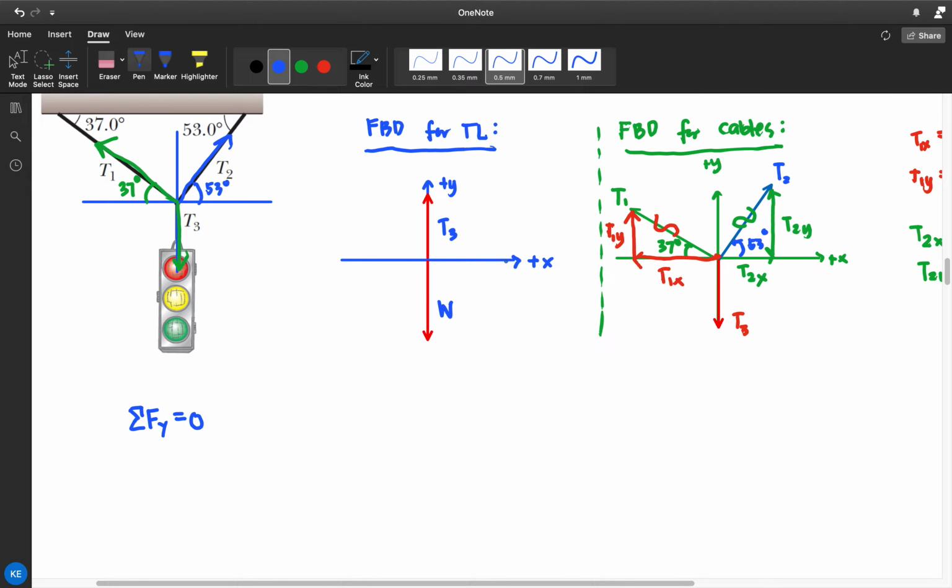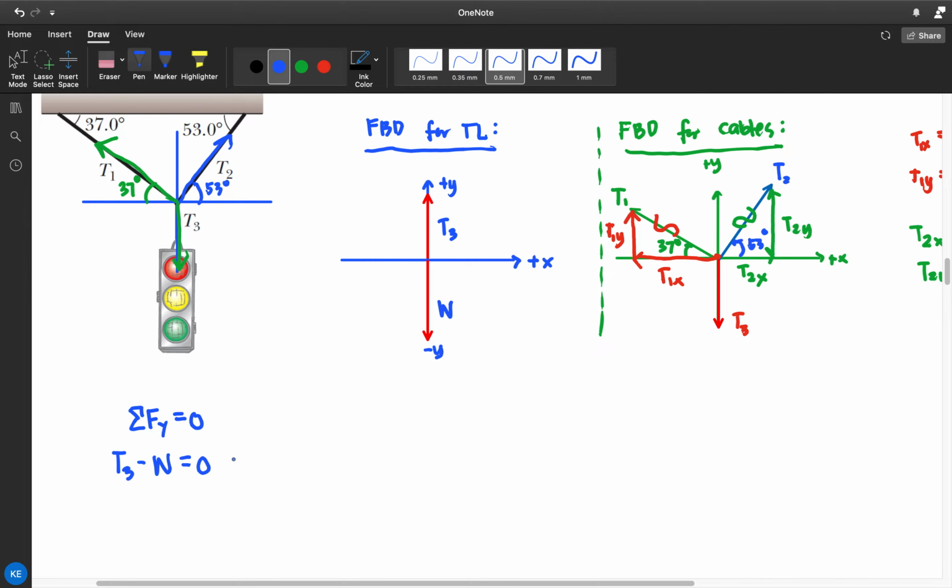There are no forces along x, so we don't care about x. Along y, we add the forces on the y-axis and then equate to 0. For this free body diagram, there are two forces. If a force is toward the positive y-axis, it is positive, and the opposite way around is negative. So your T3 is positive, and then the weight of the traffic light is negative because it is downward, towards the negative y-axis. And then equate to 0.